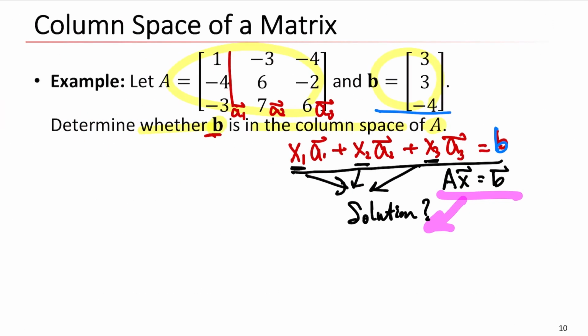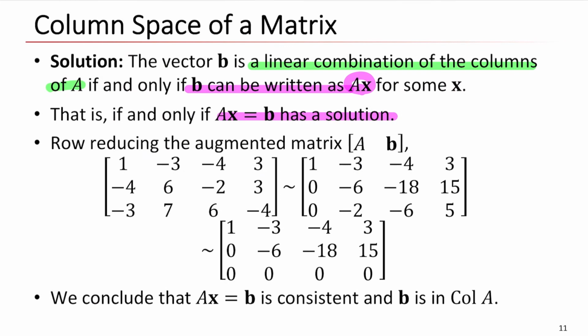In other words, being in the column space of the matrix A is equivalent to Ax equals b having a solution or not. So far in this course we've talked about how to solve Ax equals b, how to check whether there is a solution or not, and if there is a solution, whether the solution is unique or not. So we already know how to do that.